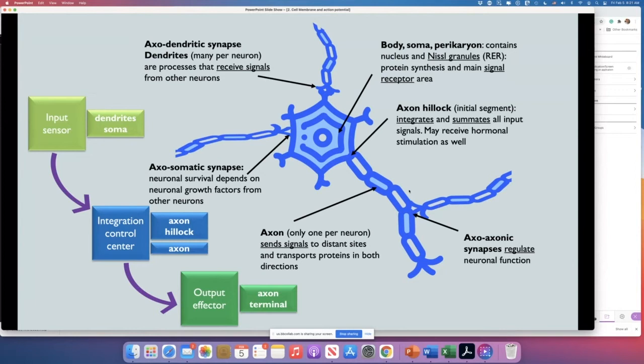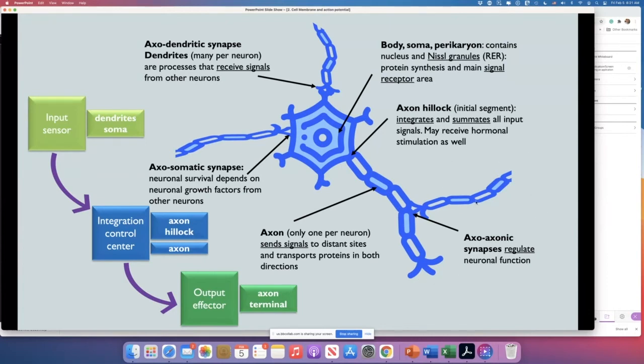And then we have the axo-axonic synapse on the right lower part. This type of synapse is the one that neurons use to regulate neuronal function. For example, let's say this neuron fires to stimulate another structure that is here.